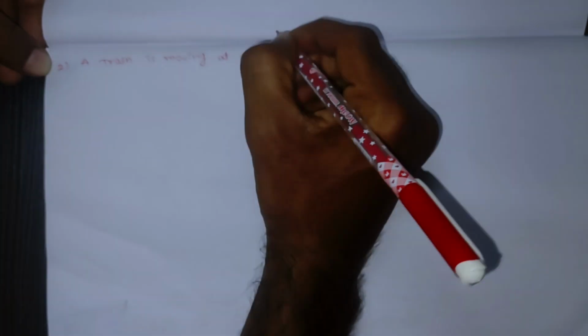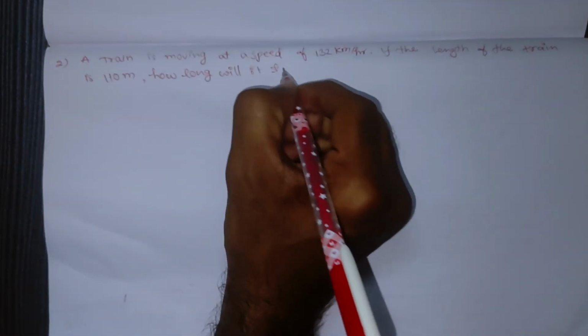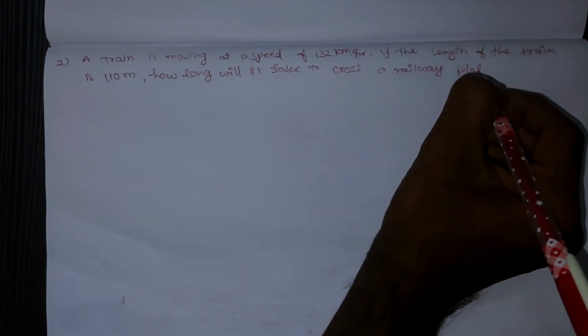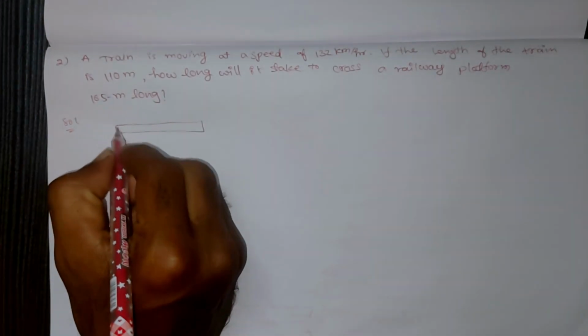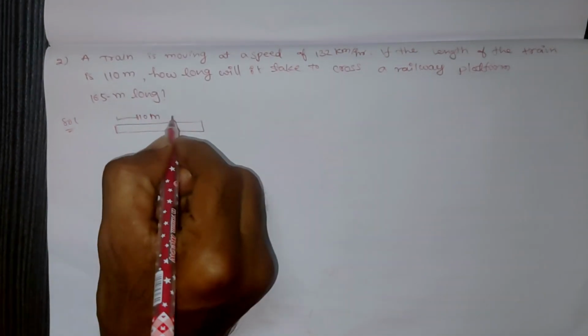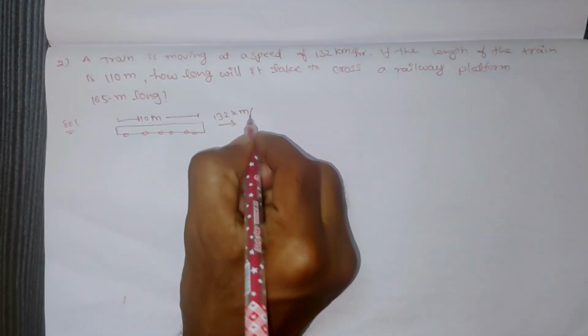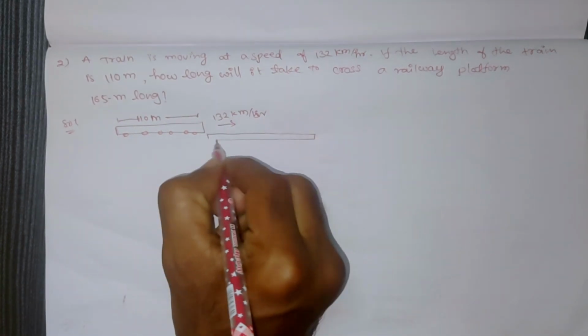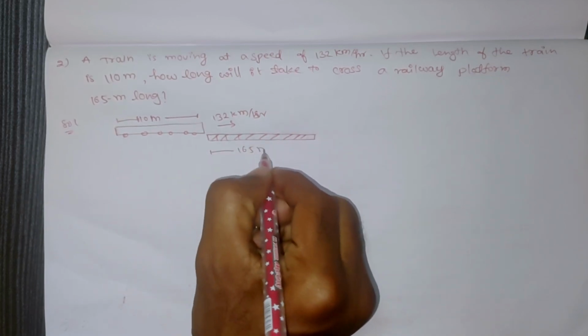Now we'll see another problem in problems on trains. Here we are given a train which is 110 meters long and is traveling at a speed of 132 kilometers per hour, and we are given a platform which is about 165 meters long.